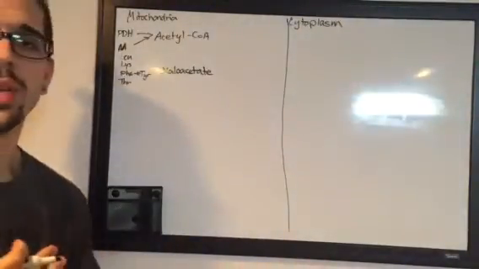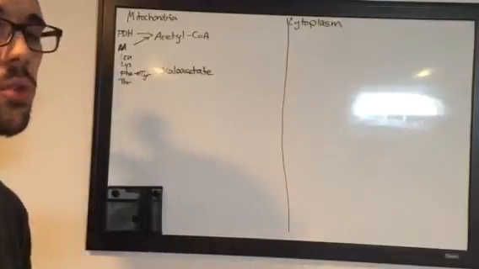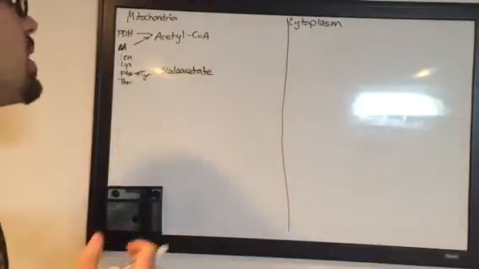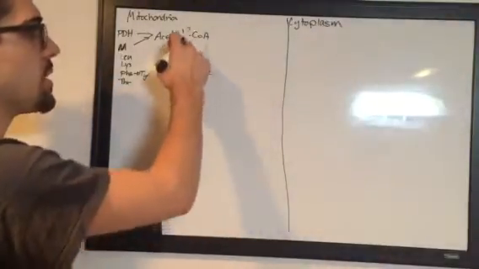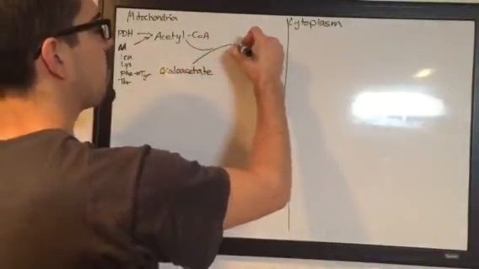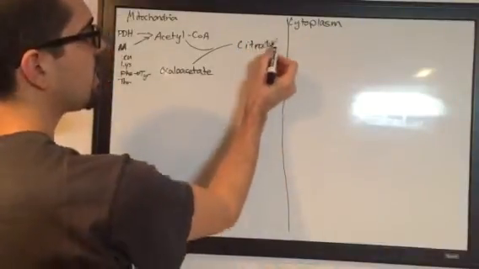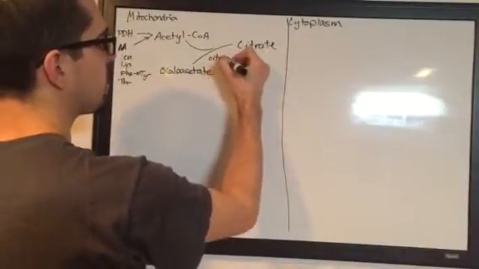Now, if we are making a bond, we need to have some kind of energy. Creating a bond requires energy. Breaking a bond releases energy. Because we're making this bond here, we're basically taking acetyl-CoA, tacking it on, and creating citrate. The enzyme that does this is citrate synthase.